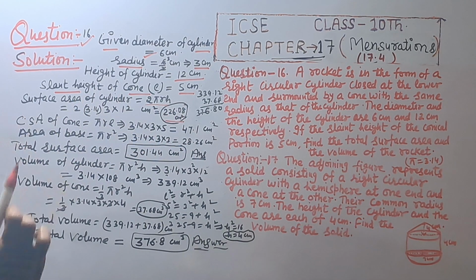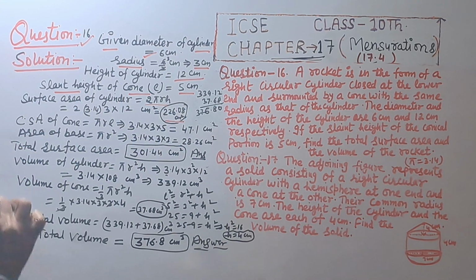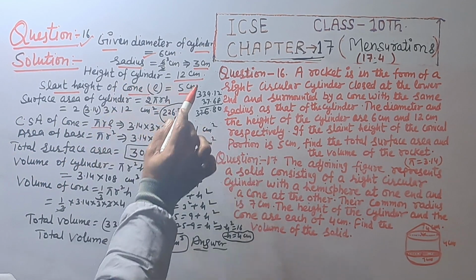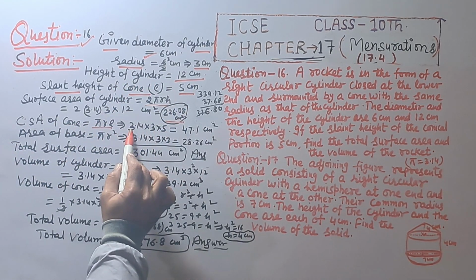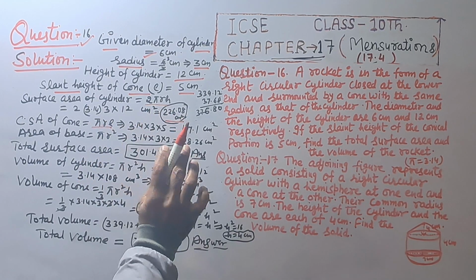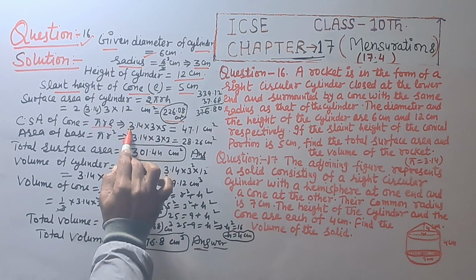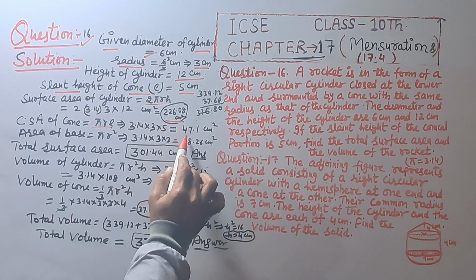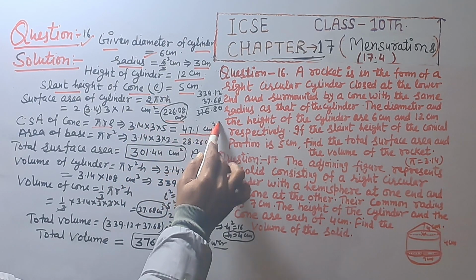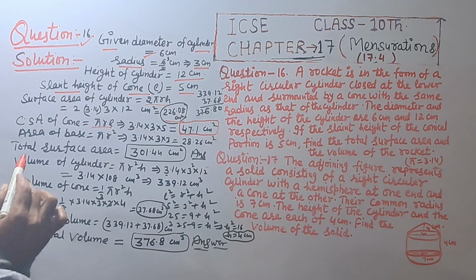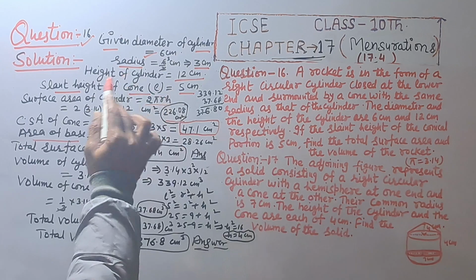It's curved surface area of cylinder. And curved surface area of cone is pi RL. Slant height of cone is 5, pi is 3.14 and radius of cone is equal to 3 centimeter. Pi RL is equal to 47.1 centimeter square.